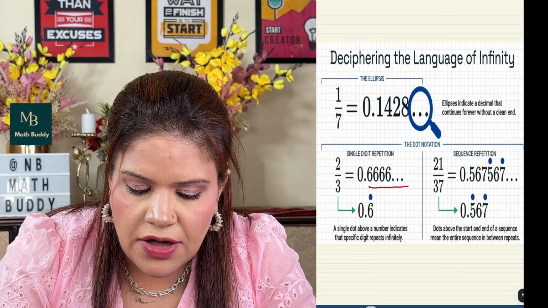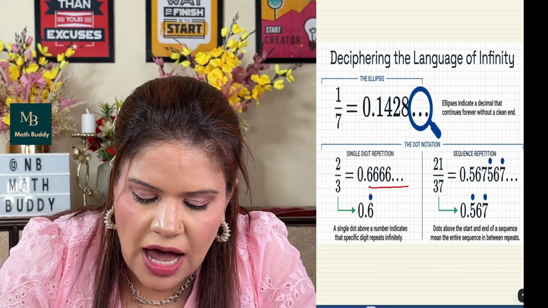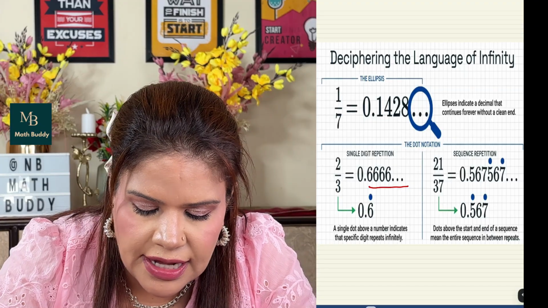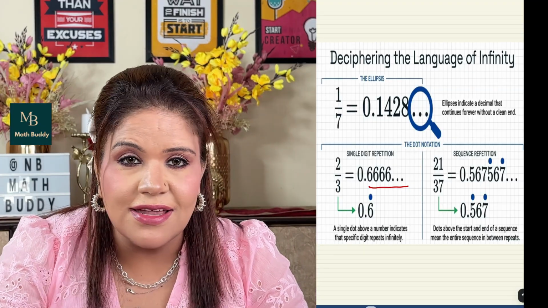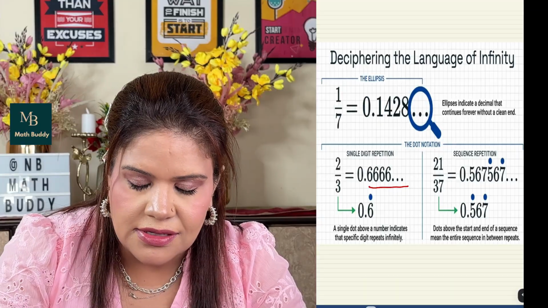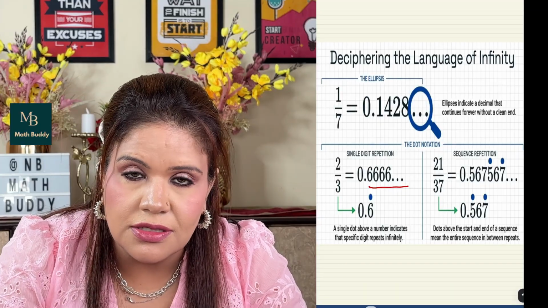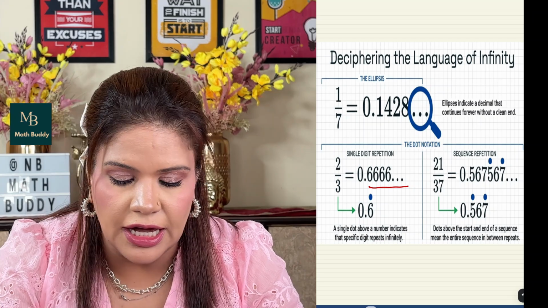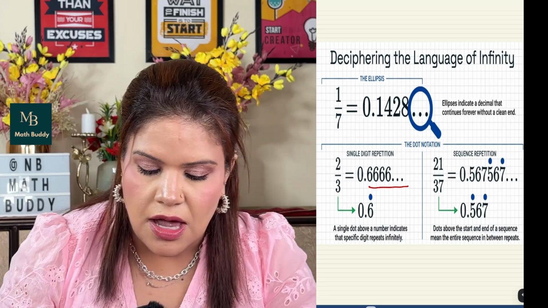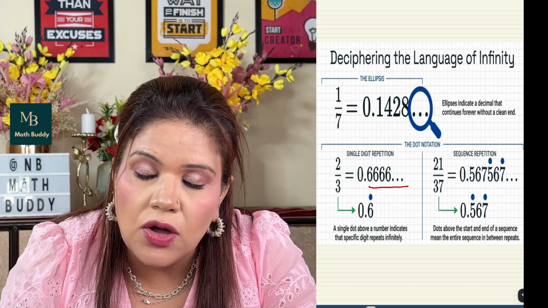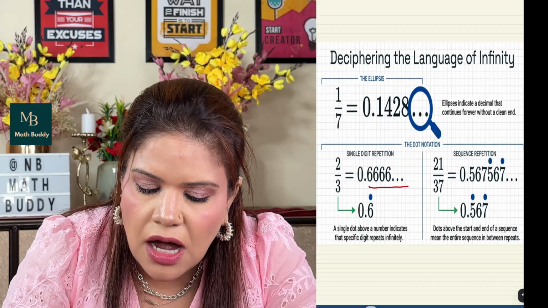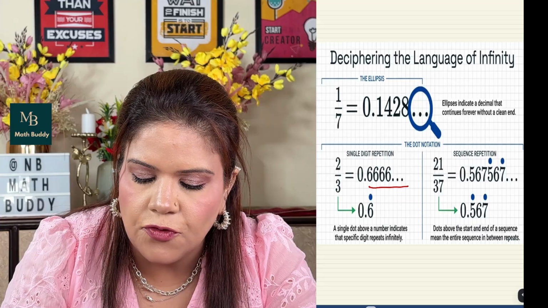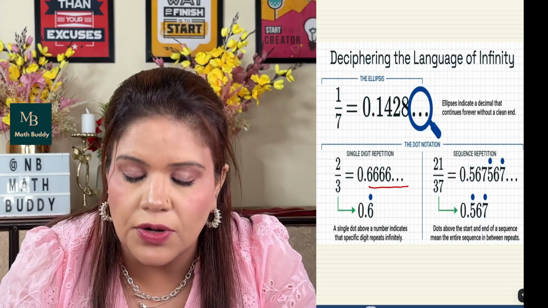See, if I divide these numbers, I will get 0.1428 and these ellipses. See the magic of mathematics. We captured infinity in a piece of paper. These numbers are going to repeat forever if we keep on dividing. They are not going to stop.